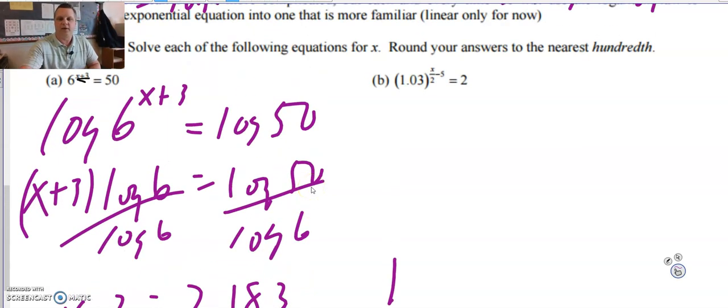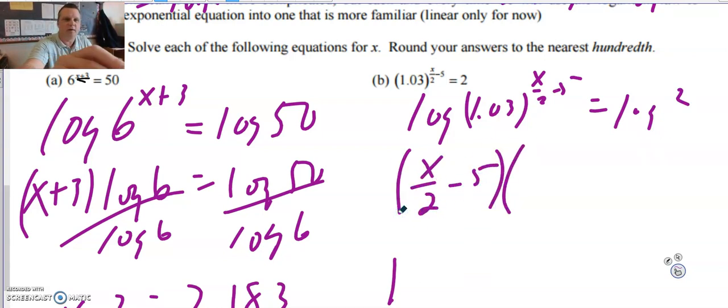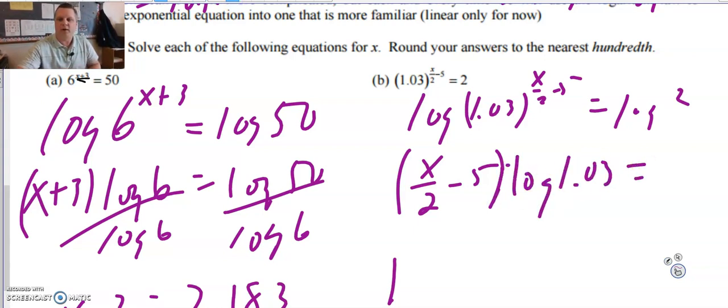Okay. Next one, same thing. Log of 1.03 to the x over 2 minus 5 equals log of 2. X over 2 minus 5. So put that binomial in parentheses. And then you got log of 1.03 times that equals log of 2.